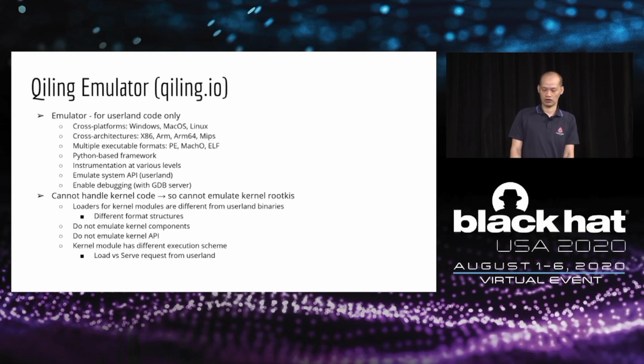It supports multiple CPU architectures, so it can handle binary code from x86, ARM, ARM64, and MIPS. It's built in Python, open source, and it allows you to perform instrumentation at various levels, at basic block, at instruction level. You can also instrument memory access and so on.